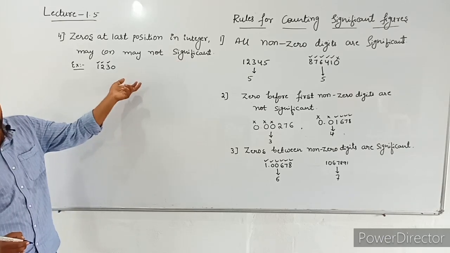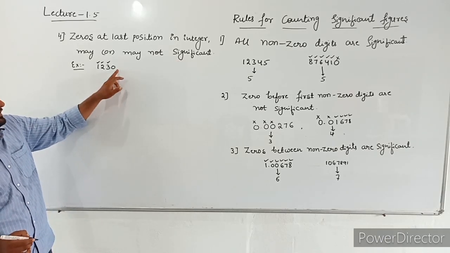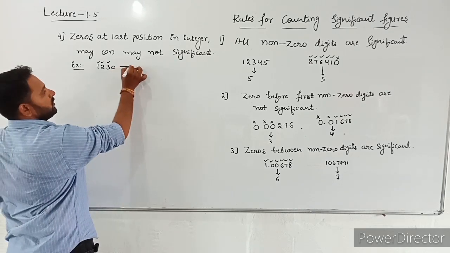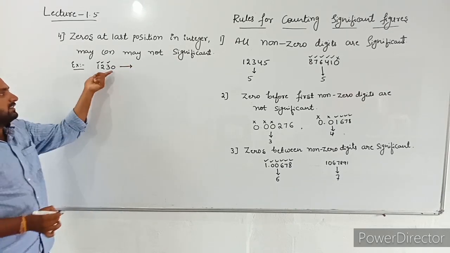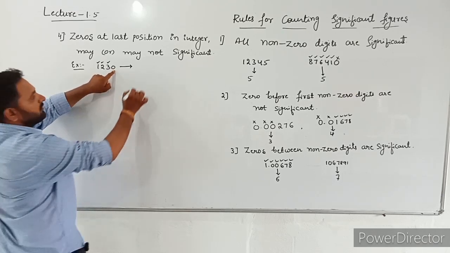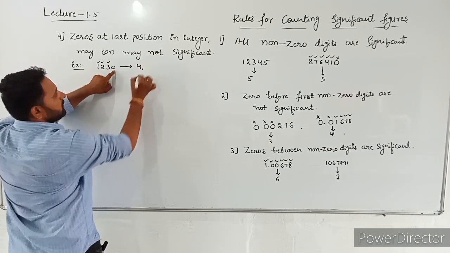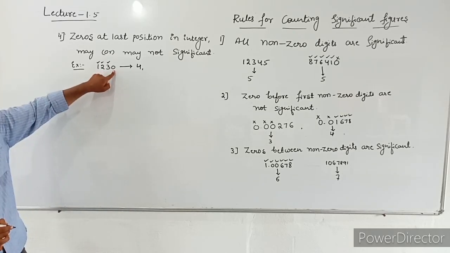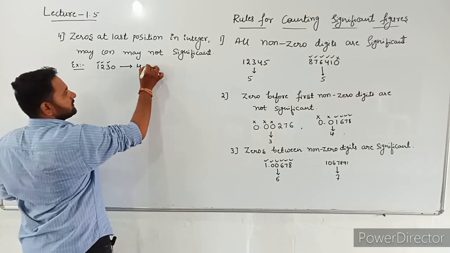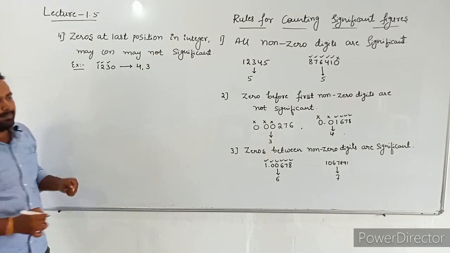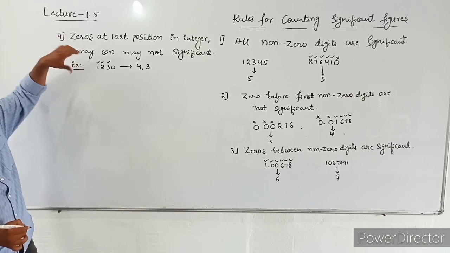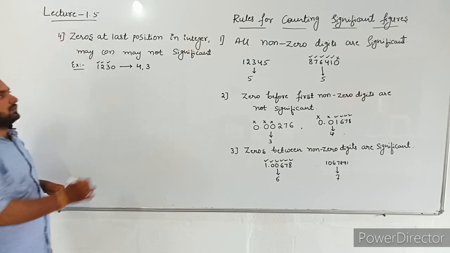Means we can consider or we cannot consider it as a significant figure. If you consider 0, then the number of significant figures is 4. If you do not consider it as significant, then the number of significant figures is 3. Okay, this is an exception rule. Still it is doubtful.